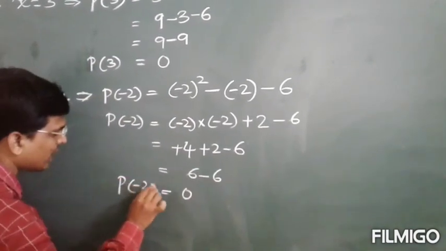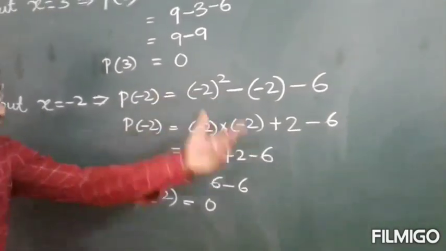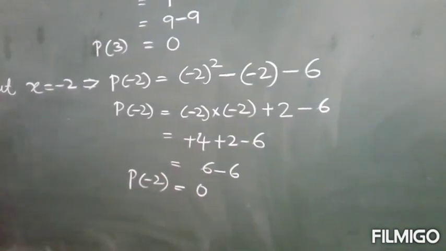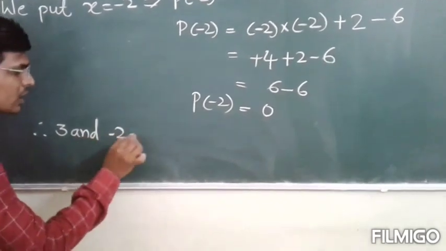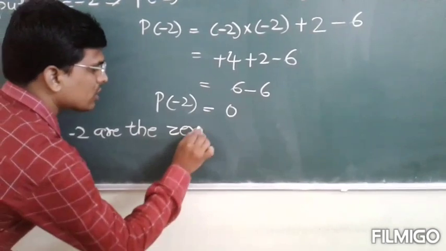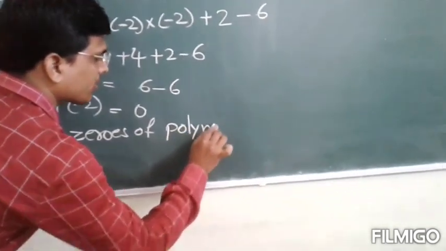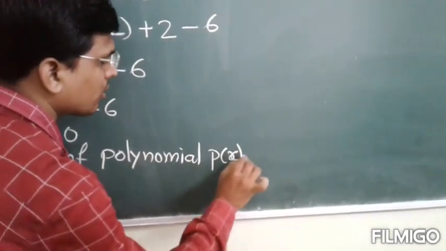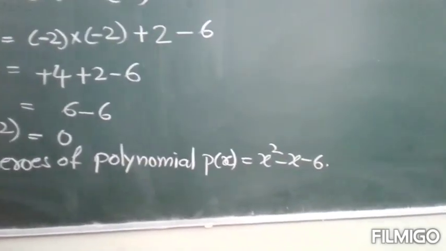So here also, when I substituted minus 2 in the given polynomial, the whole value of the polynomial is equal to 0. So finally I can say 3 and minus 2 are the zeros of the polynomial p of x equals x square minus x minus 6.